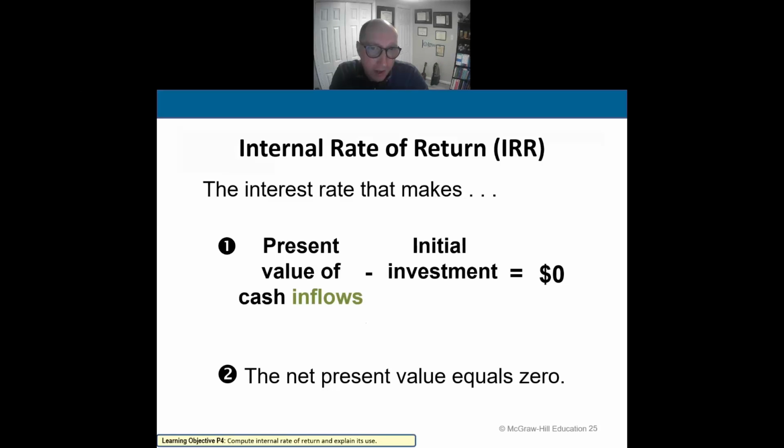We do this based off of the interest rate, and we look at the present value of the cash inflows minus the initial investment. If it's greater than zero, then that's good. The net present value should be equal to zero. That's good. That helps us to establish internal rate of return.